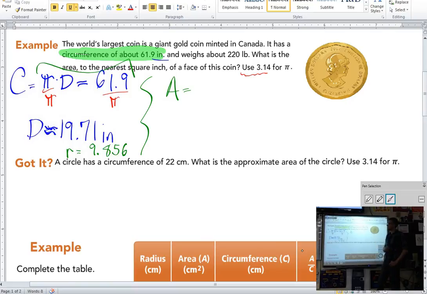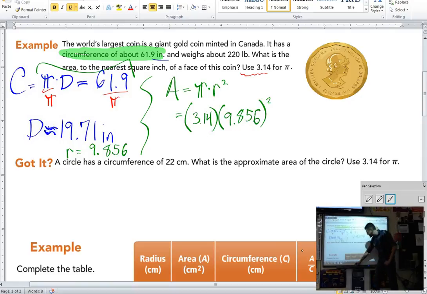We'll round at the end. So this is going to be pi times radius squared, which when I replace 3.14 times my 9.856 squared. If you're typing this in your calculator, you definitely want to make sure that you put your square here inside your parentheses.